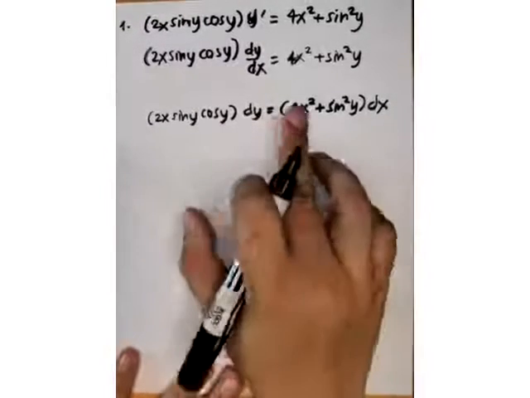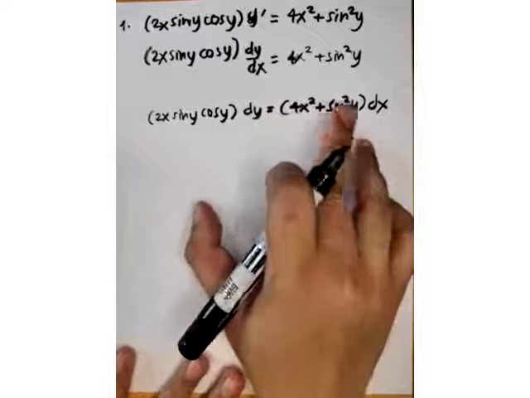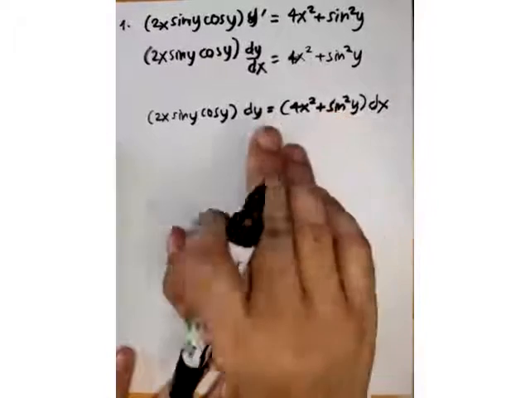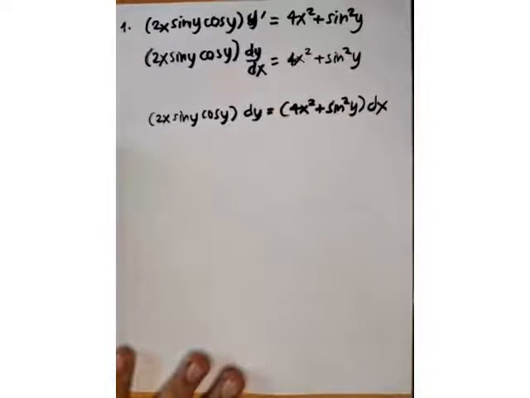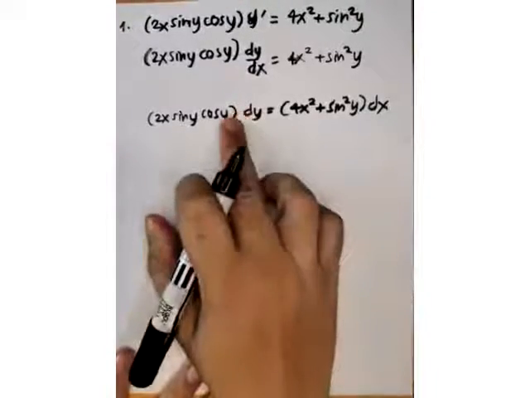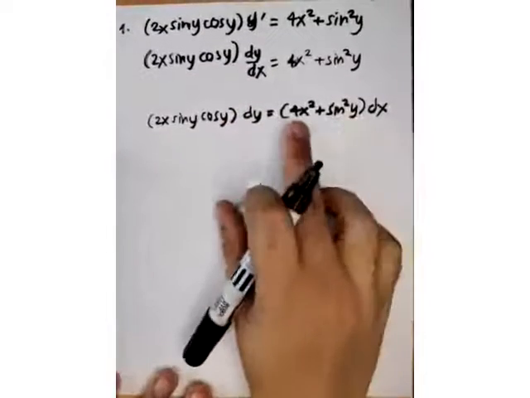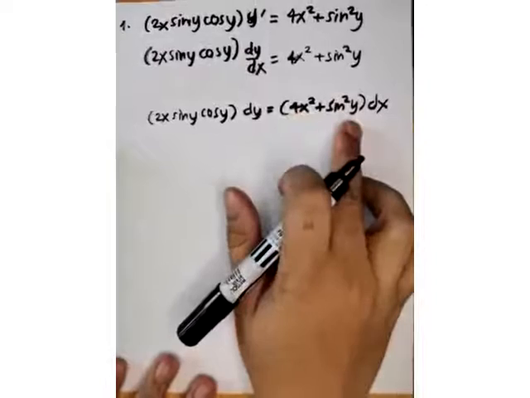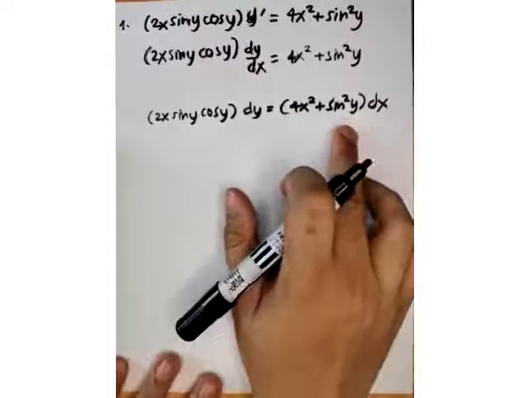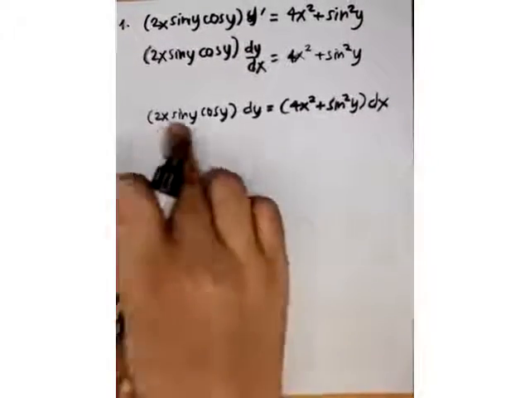Ayan. So i-convert natin siya into standard form. Dapat lahat ng terms ay nasa left side, tapos equate natin siya into 0. Gagawin natin i-transpose natin doon kasi ayaw nating negative yung x. Okay lang naman, pero masanay tayo na yung y yung negative.